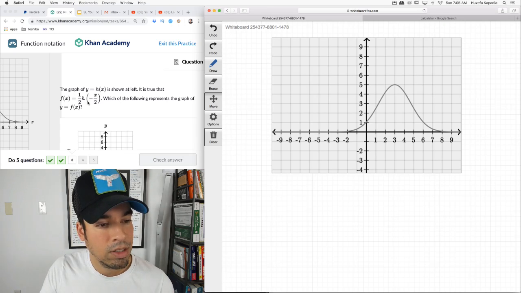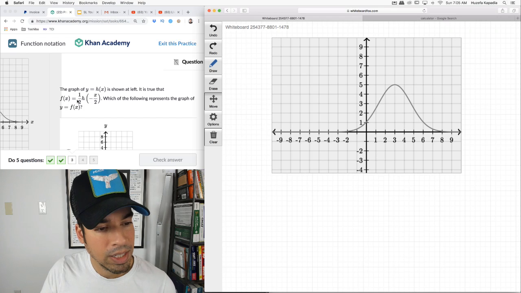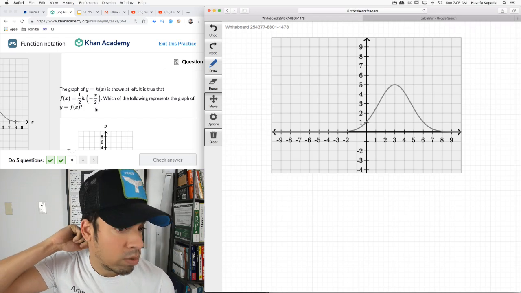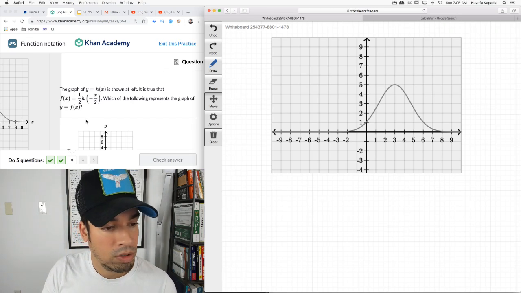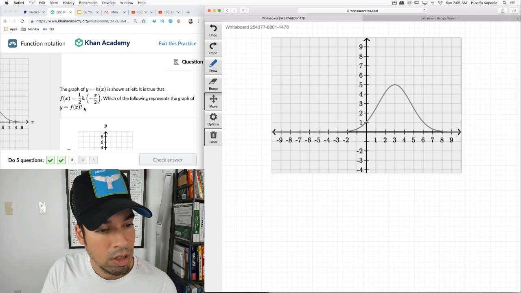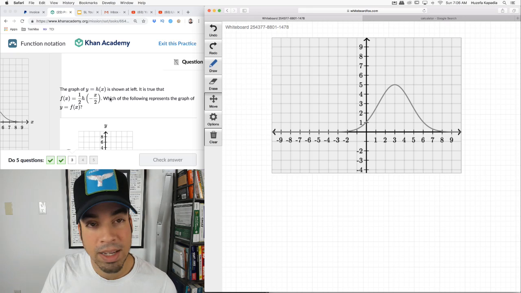It is true that f of x equals 1/2 of this whole deal, and the following represents the graph of y equals f of x. So they're applying these transformations to whatever this function is. They're doing a few things. They're multiplying this inner term by 1/2, multiplying this exterior part by 1/2, and then they're also making it negative.